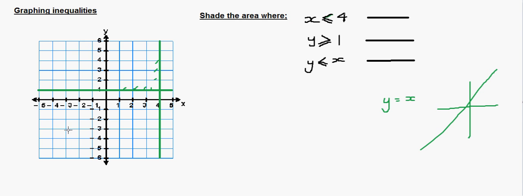So let's take it, say, from there, it's going to go through there. So let's just link it up. That's going to go through there, through there, through there. So just make sure that I've got it right.